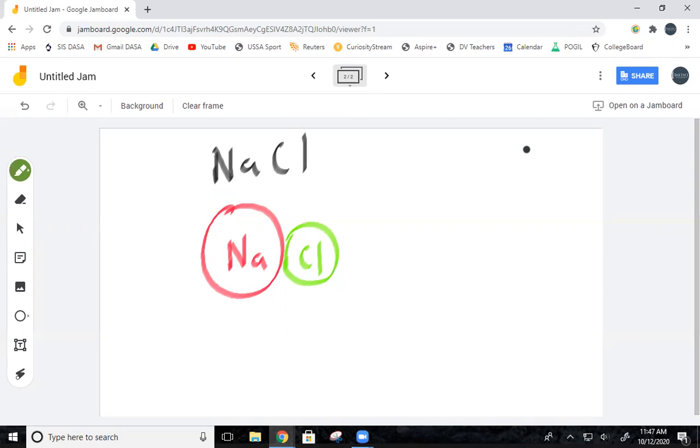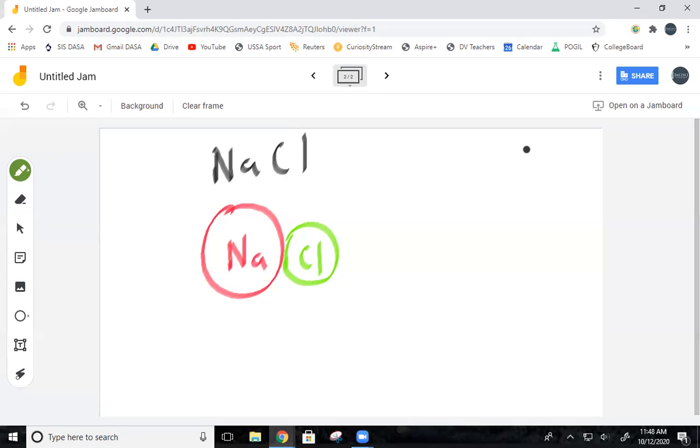The rule for these compounds and how they arrange themselves is that they maximize attraction. They align in such a way that maximizes the attraction between particles and minimizes the repelling forces. Okay?